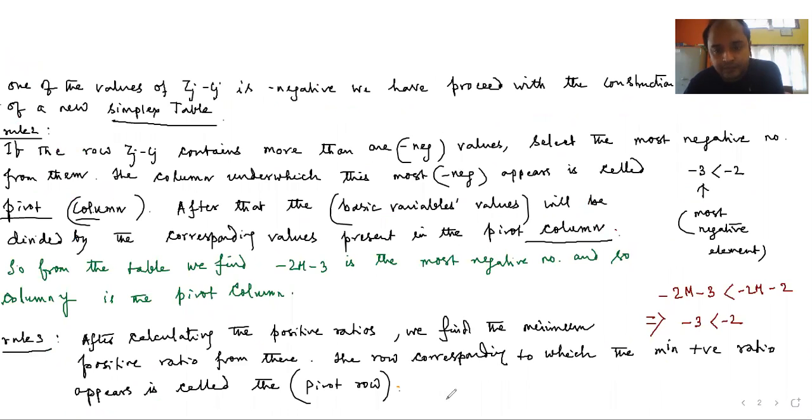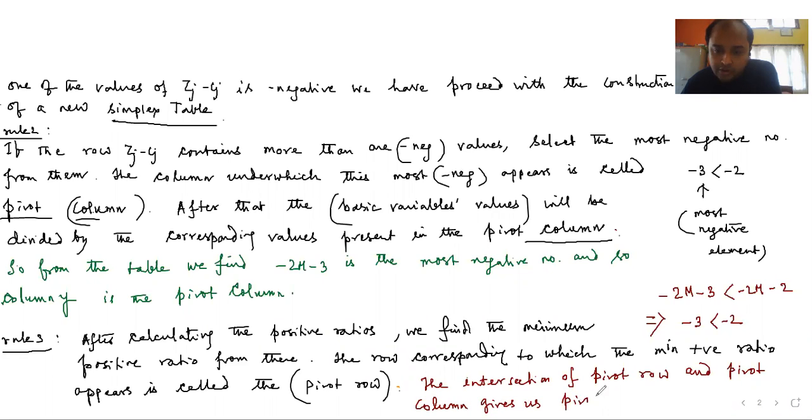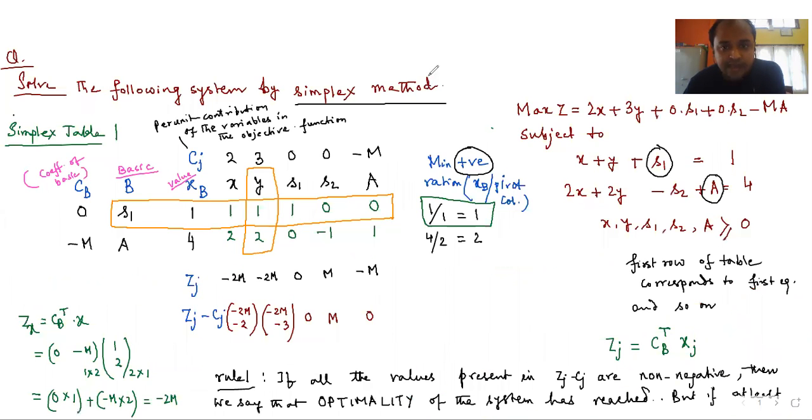The intersection of pivot row and pivot column gives us the pivot number. So my pivot number in this case is this one. Okay, this one is my pivot number.